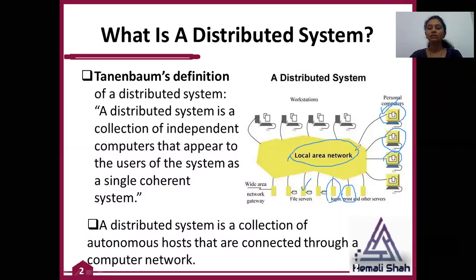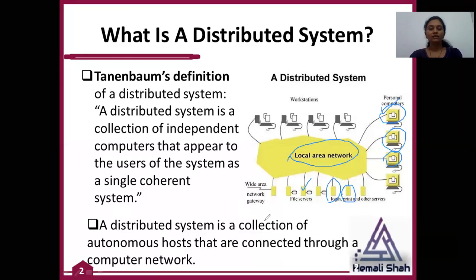Multiple computers communicate with each other and deliver some task. These computers work together and deliver the required processing speed. Whenever you involve more than one computer, it always delivers the task very quickly, with fast processing speed.